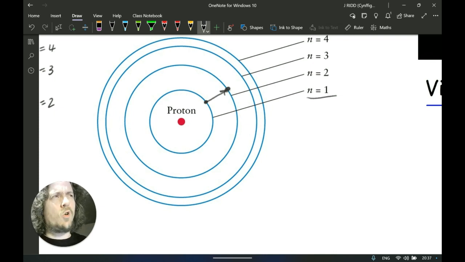The energy emitted is always one energy or another. And as such, every single atom, every single element has its own characteristic signature. It has its own permitted energy levels and energy states.